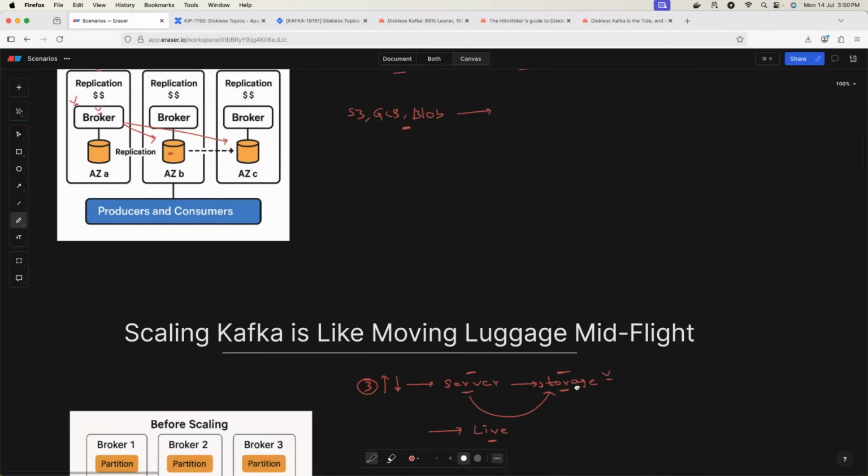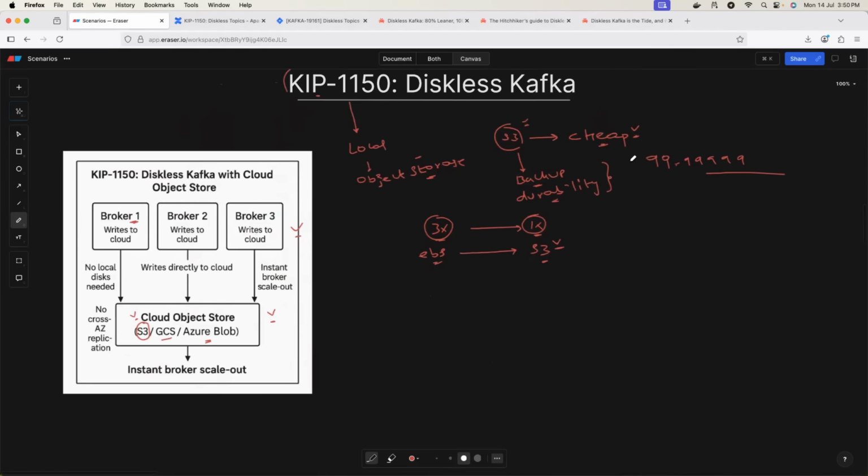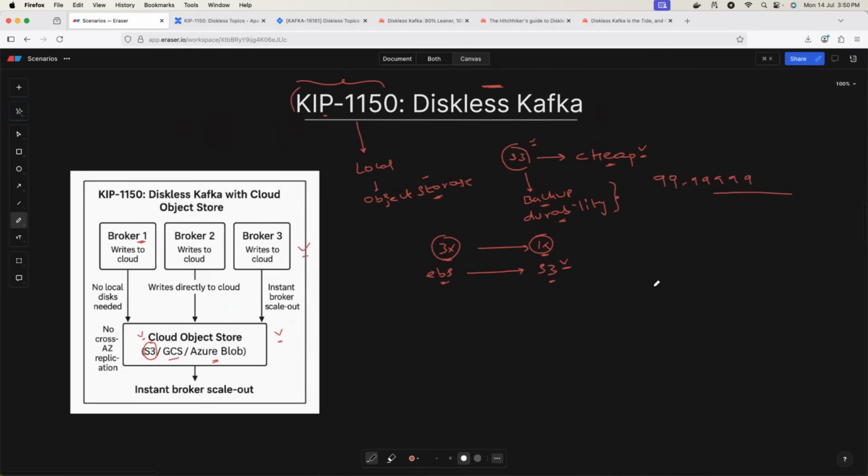So this way, you don't have to bother about the cross-zone networking costs, because when a broker writes data to S3 or GCS or Azure Blob, it does not incur cross-zone networking costs.